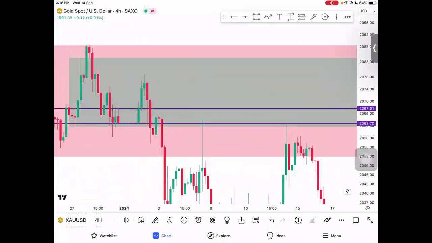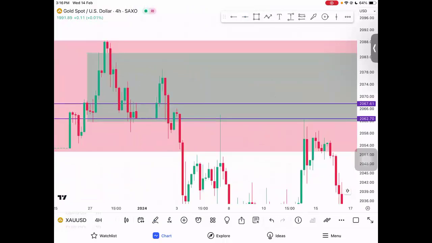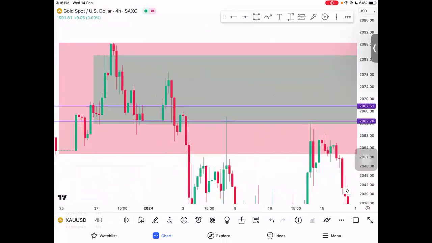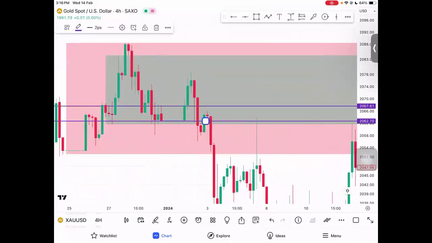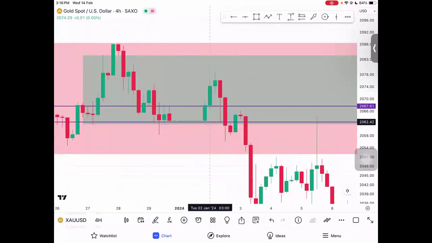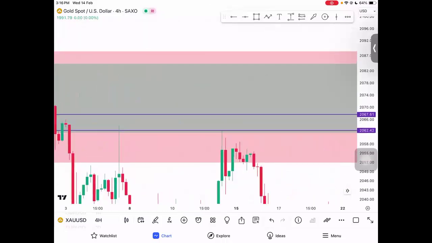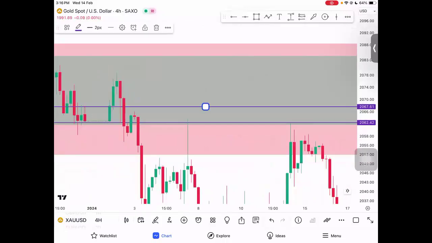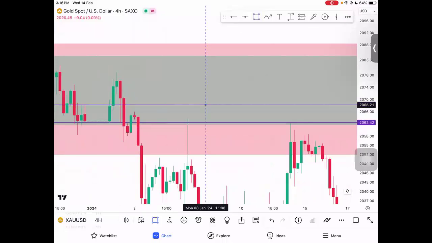So you're drawing your weekly zone, you're precising it to your daily zone, and then precising your daily zone to the H4 zone. Yeah, correct. Precise to H4, looking for EF.